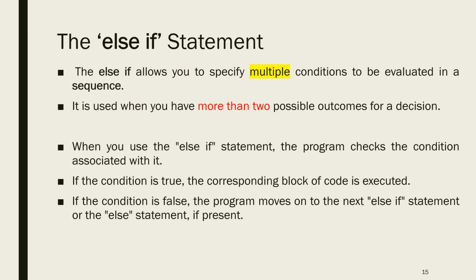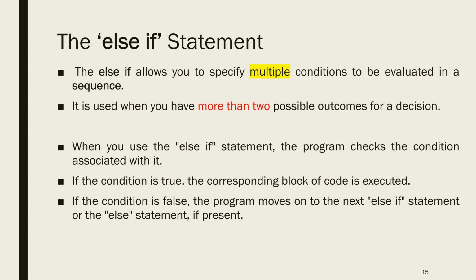Yes, so we use that one when you have just one condition to check and you are not interested in an alternative path. If you have just one condition to check and you are interested in an alternative path, then you use the if else statement. So the if statement for the main condition and then the else for everything else, like the backup plan.